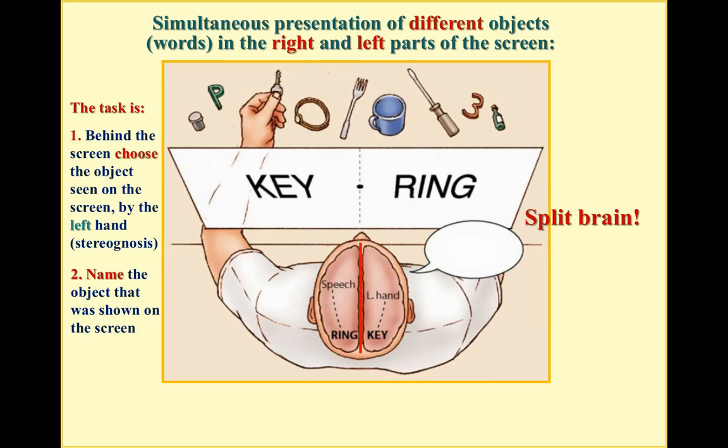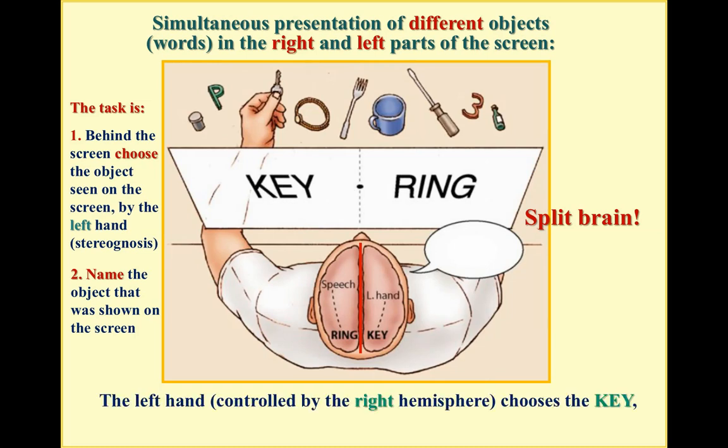And look, the left side of the screen shows the word key, and the right side shows the word ring. When the patient is asked to find by the left hand which object was shown, he chooses the key by stereognosis, because the left hand is controlled by the right hemisphere, and his right hemisphere saw the word key.